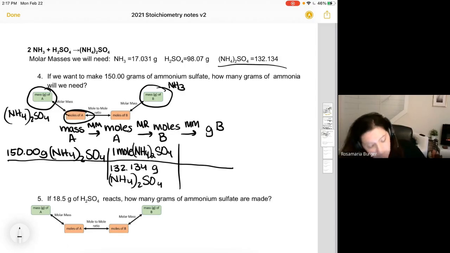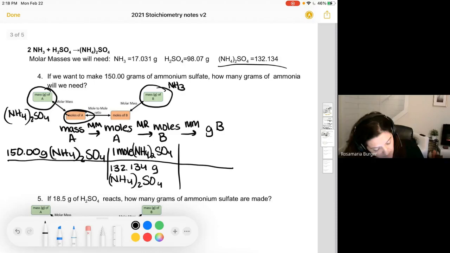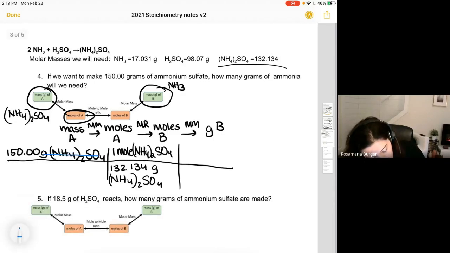I'm at moles. Cross off what I... So grams of ammonium sulfate are no longer there. Now we have moles of ammonium sulfate. Now we can go from moles of ammonium sulfate to moles of ammonia by using their mole ratio.